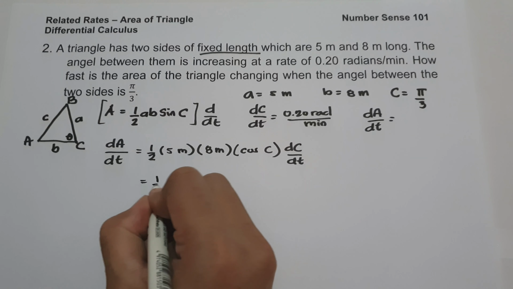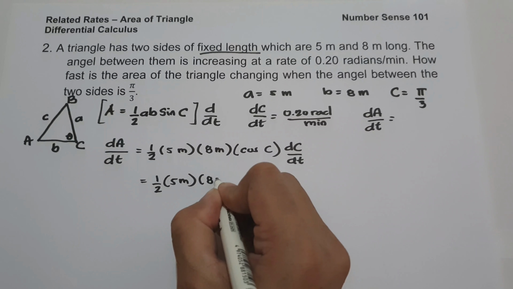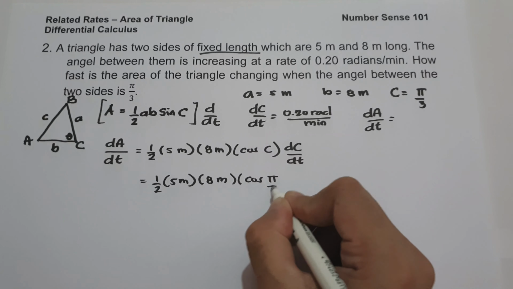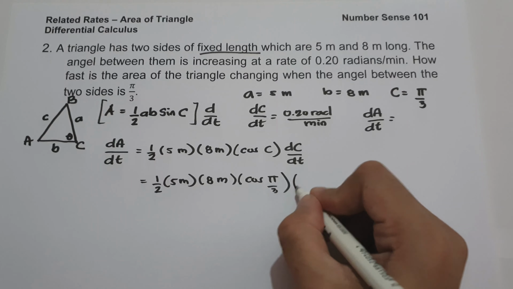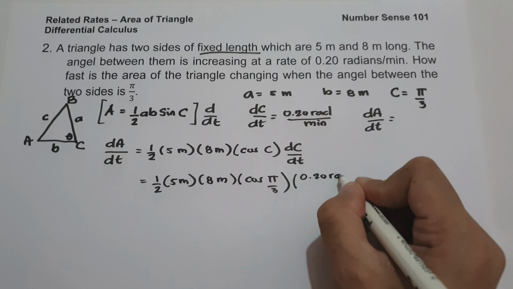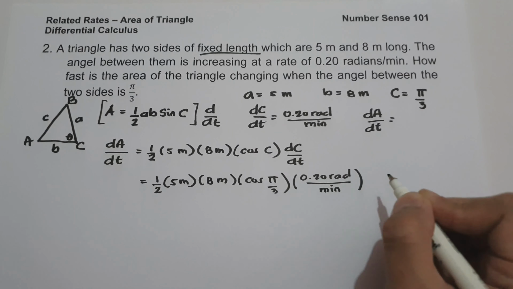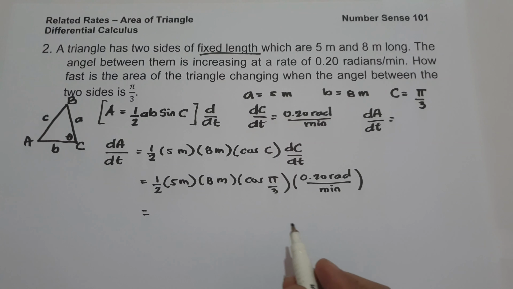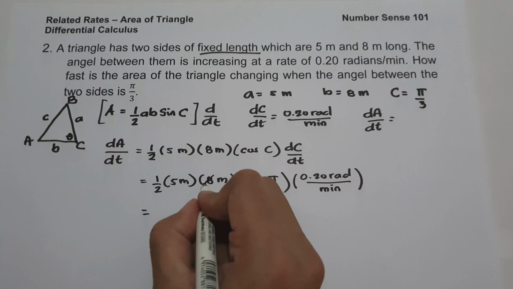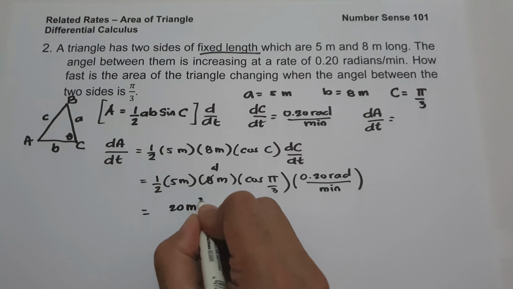So let us have 1/2 times 5 meters multiplied by 8 meters times cosine pi over 3, that is the value of angle C, and then dC over dt, that is 0.20 radians per minute. So let us simplify. 8 meters divided by 2 is 4, and 5 meters times 4 meters is 20 square meters.